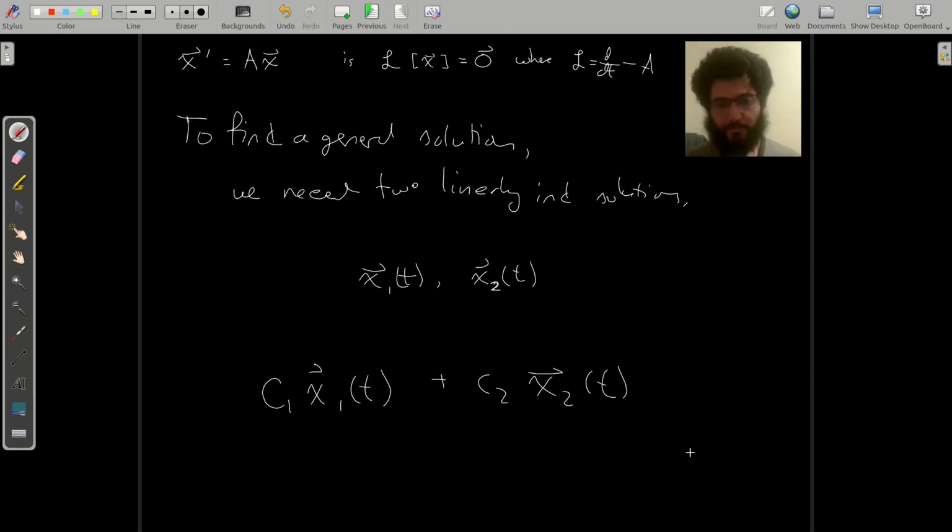And I keep saying this, the more you can package together x of t and y of t, this is a vector of functions, right? It's really two functions, x of t and y of t. The more you can package things together, the less confusing this will be.